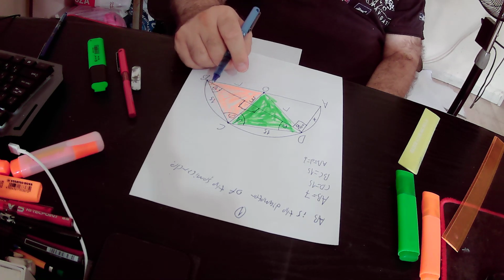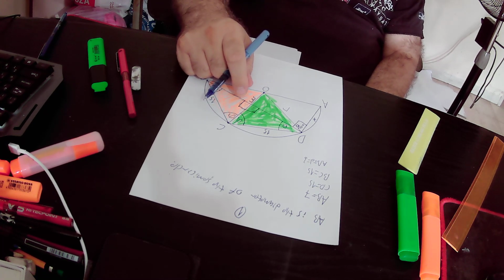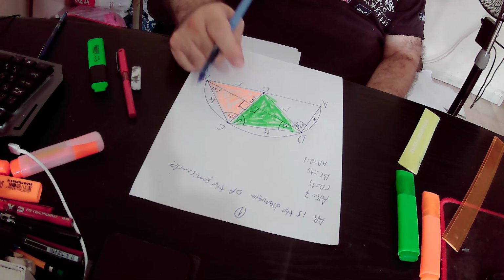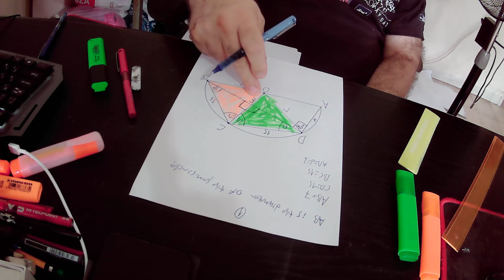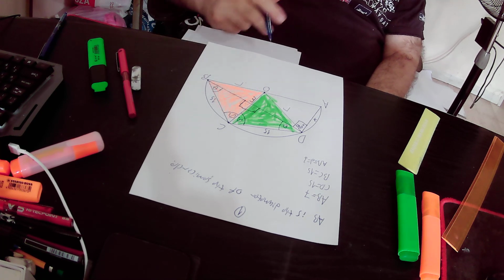So what is the sum of the angles on the left side of the straight line OC? It consists of two angles. This angle is a right angle, it equals 90 degrees, plus this angle, that is angle OEB.